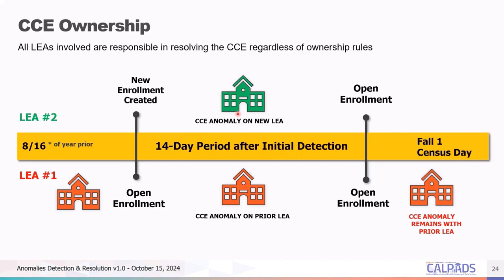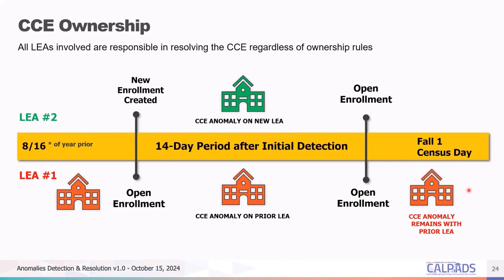After 14 days, all of that responsibility will then be assigned to LEA1, because at that point, if LEA2 saw the overlapping enrollment and says, okay, this is really my student, then of course LEA1 has the responsibility to exit their student and relinquish ownership for that SSID.